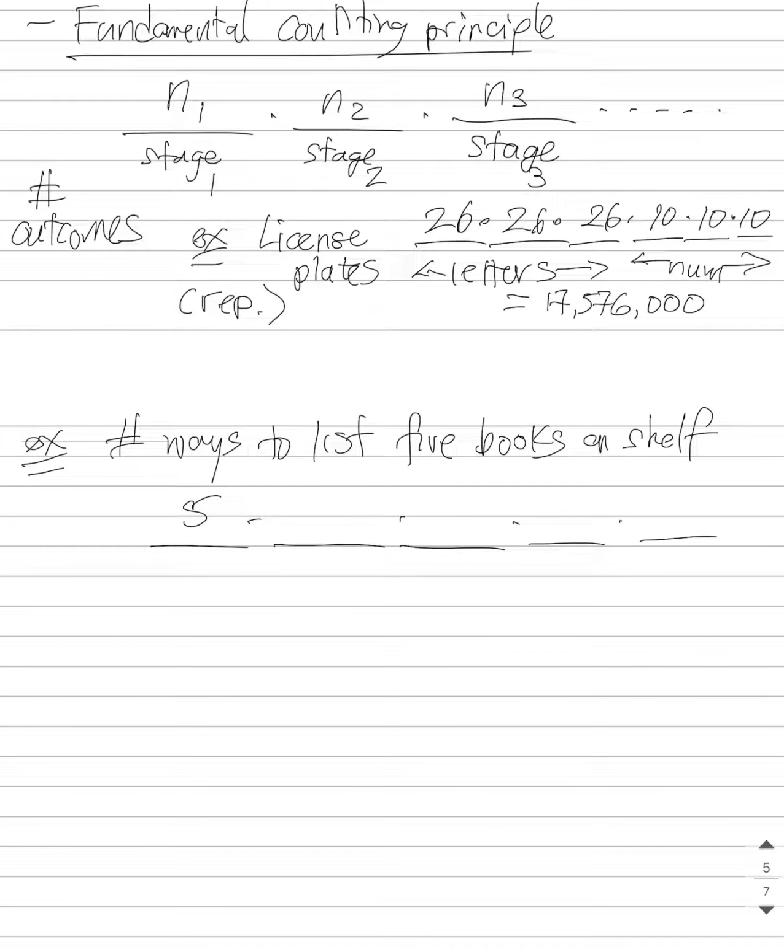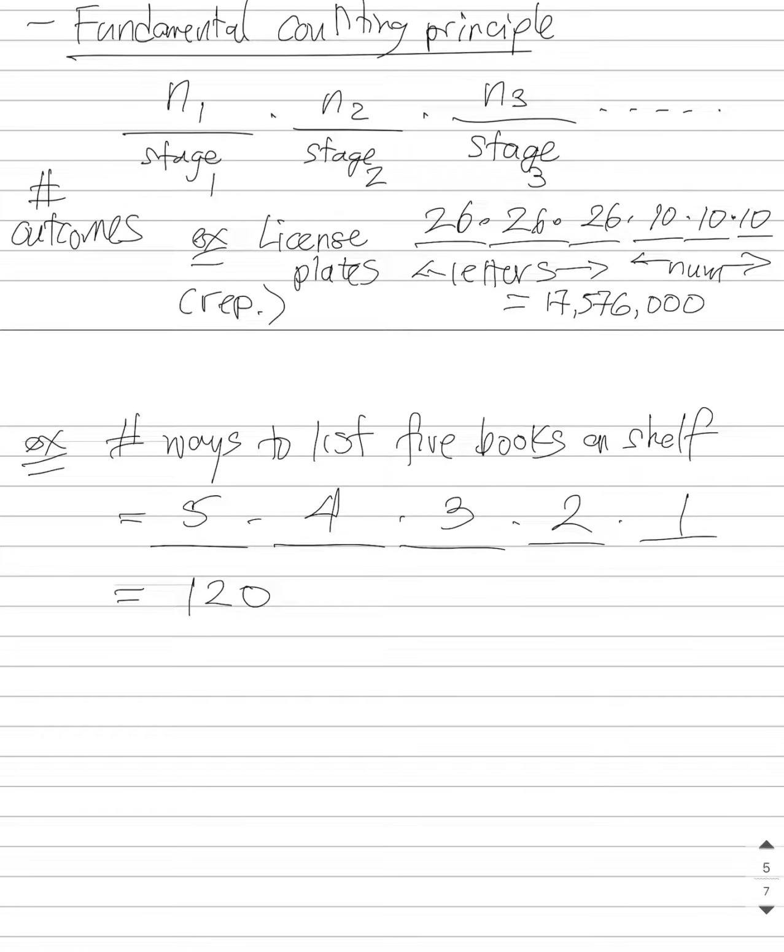But once I've decided on the first book, I have 1 fewer book available for the next choice, so I have 4 outcomes possible for the next. Once I choose that book, I have 1 fewer again, so I have 3, and then 2, and then 1. This turns out to give me 120.